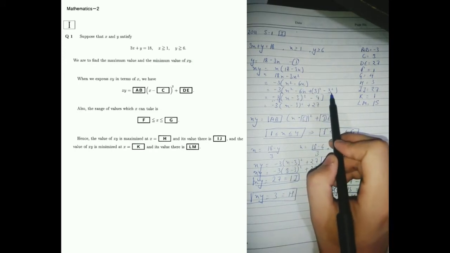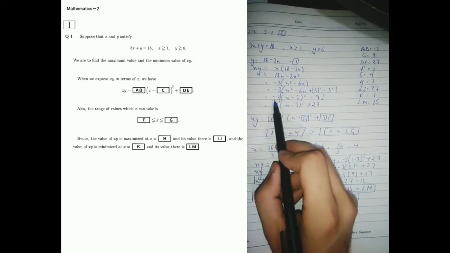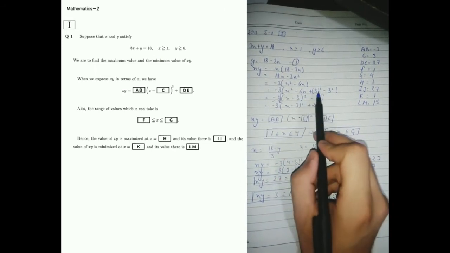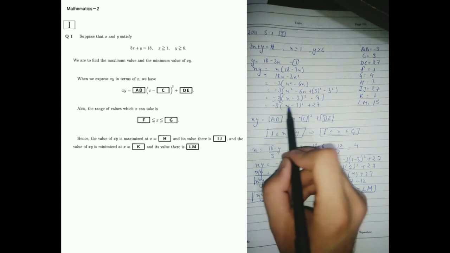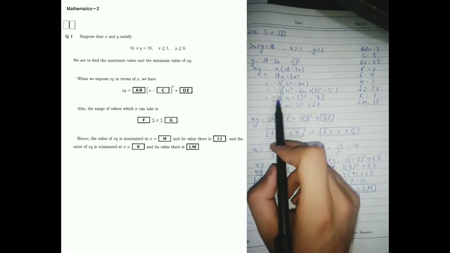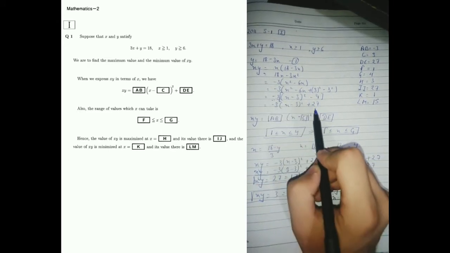So x square minus 6x plus 3 square minus 3 square. So minus 3, and we have made the complete square, which is x minus 3 whole square, and minus 9. So minus 3 times x minus 3 whole square, and then minus 3 multiplying by minus 9 is 27.